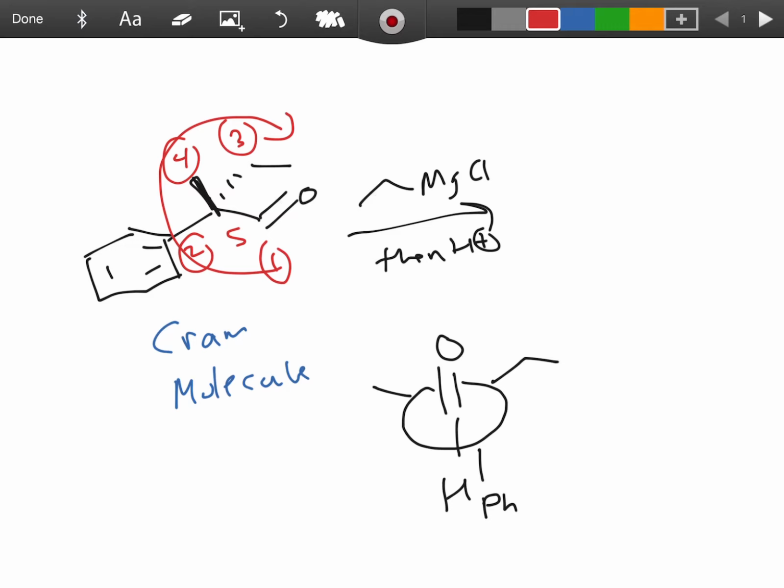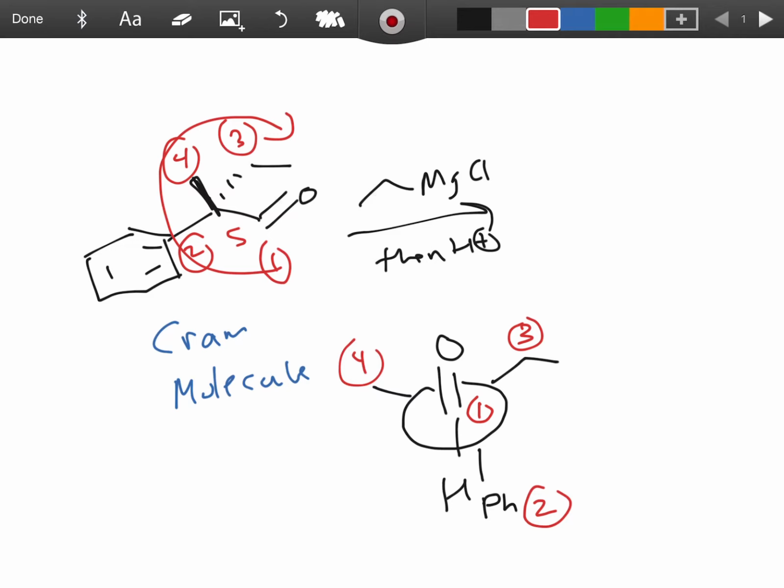All right, so now I need to make sure that the thing that I just drew is also S. So this would be 1, phenyl would be 2, ethyl would be 3, and 4. Now, what I can do, and I don't know if you guys can do it, is look at the molecule like this, where this is the methyl group pointing back, the 4.